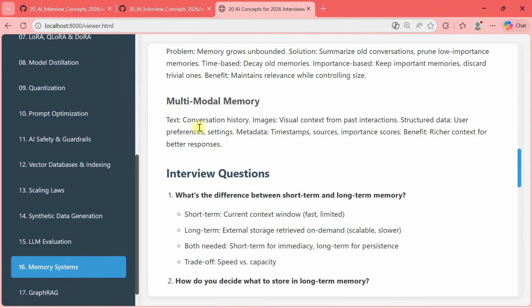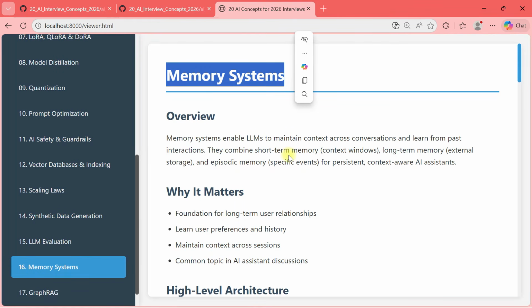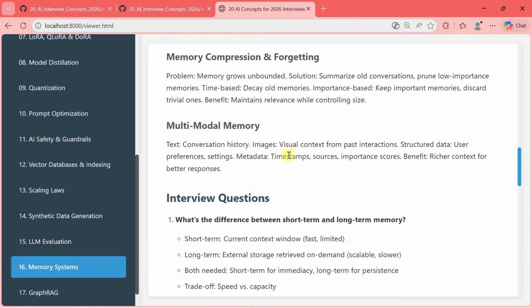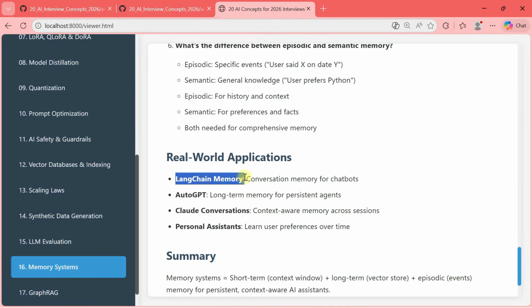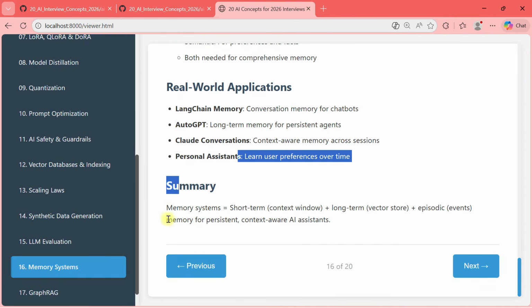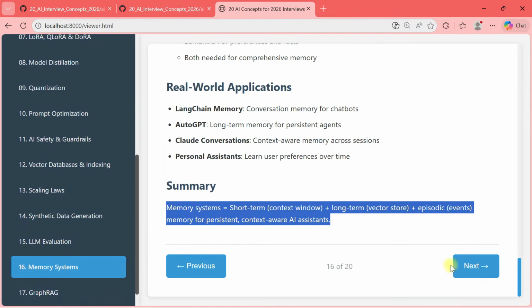Okay, and then multimodal memory: there could be text memory, image memory, there could be metadata, etc. So a lot of things in the memory system of your LLM. Whichever topics you are interested in, you can search more about that. Here are some critical interview questions for you, and applications, basically all the AI systems, and a summary of this. Okay, a very important topic for you to know.